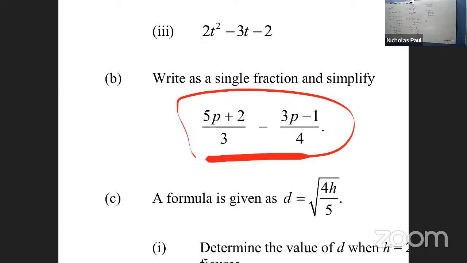One minute again. Right, so you're following example 5, except there's a minus sign.